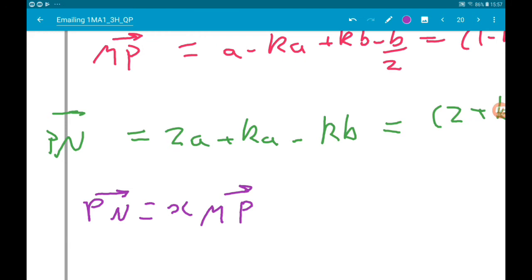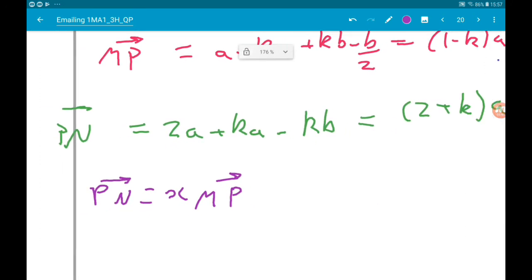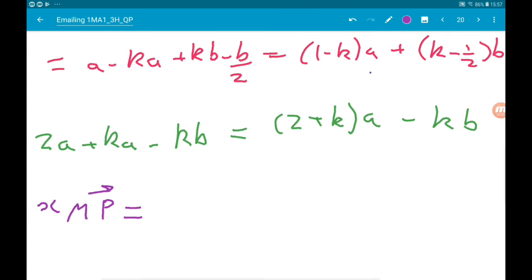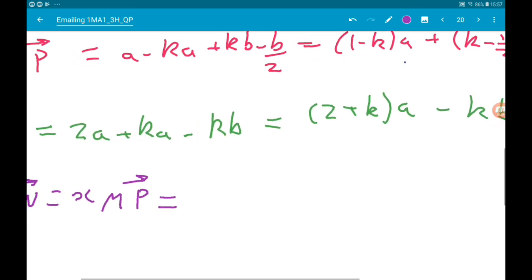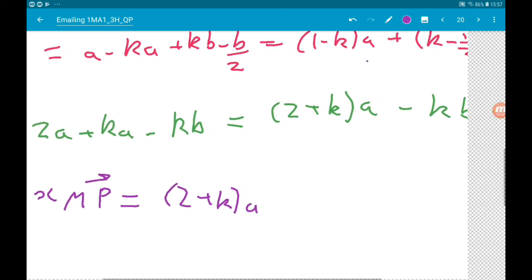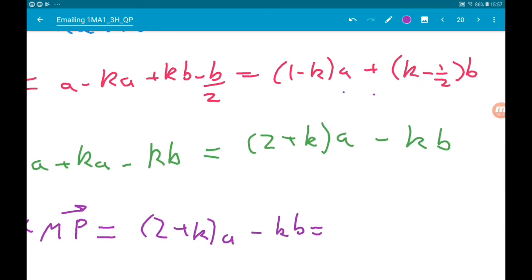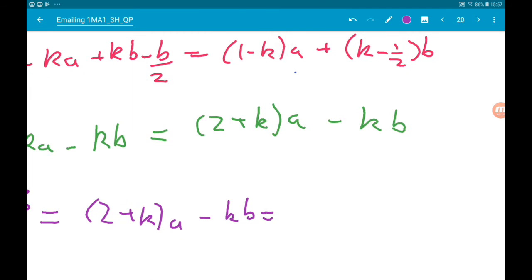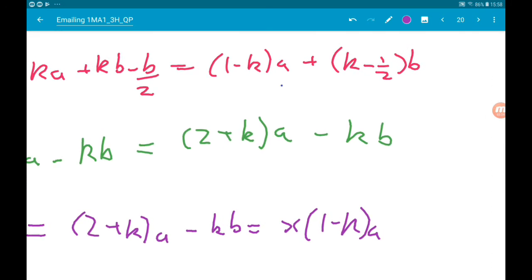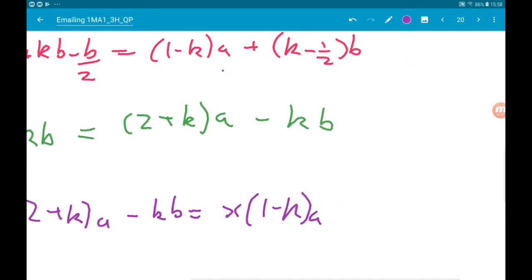So what that means is that p to n, so 2 add k a minus kb, is equal to x times 1 minus ka, add x times k minus a half b.